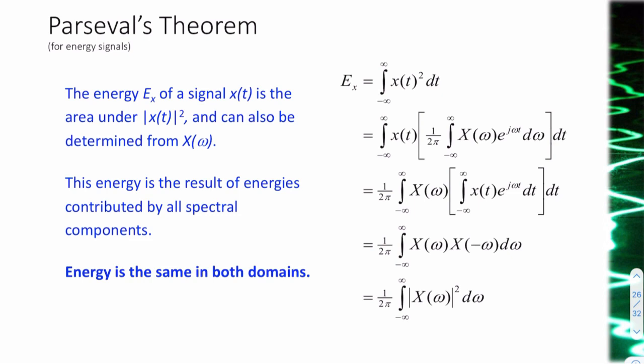And you can demonstrate that, you can prove it fairly easily. So if we say that for a signal x of t, we can find its energy by integrating x squared, and you can represent x of t times x of t as x of t squared.